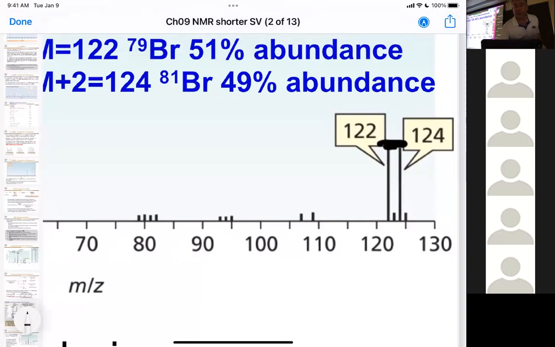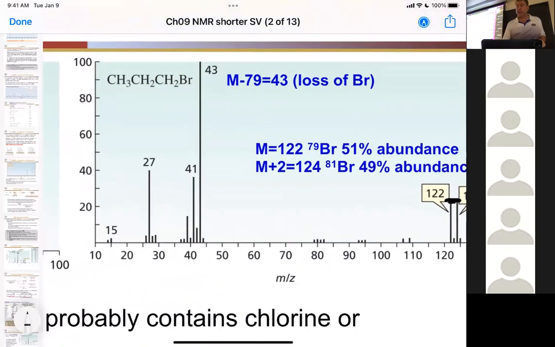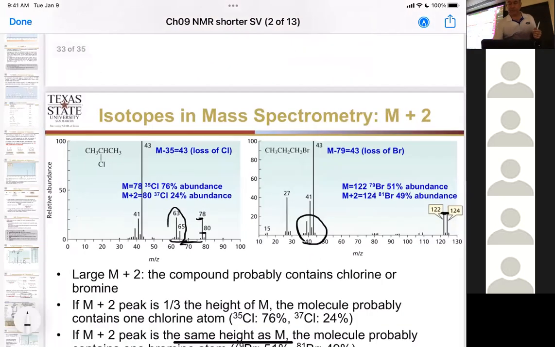But also look at this fragmentation pattern. The thing that fell off first is the bromine, because our fragment down here does not have that same pattern. And so the rest of it is the rest of our material. And it's 43, which means there's 3 carbons in it by molecular weight. All right, questions on that?